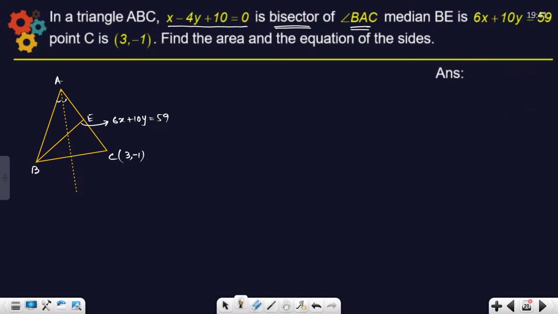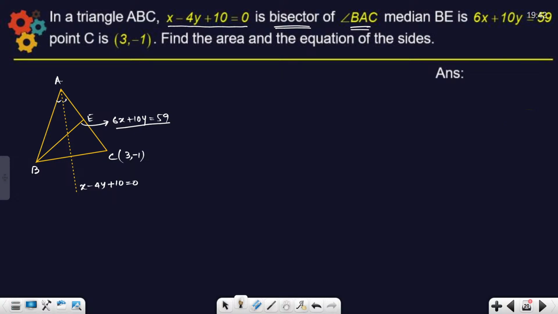Right? The equation of this angle bisector is given as x minus 4y plus 10 equals 0. This is the angle bisector. And the equation of the median is 6x plus 10y equals 59. Find the area and the equation of the sides. So you have to find the equation of the sides and then find the area.